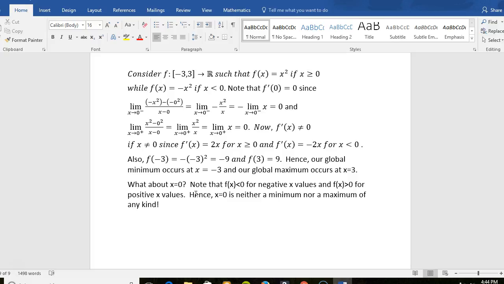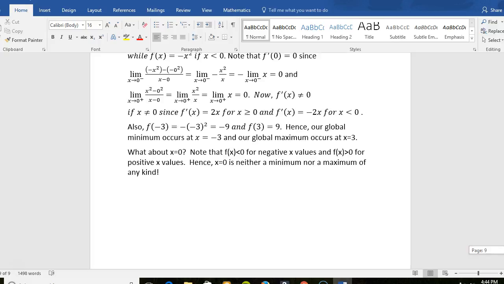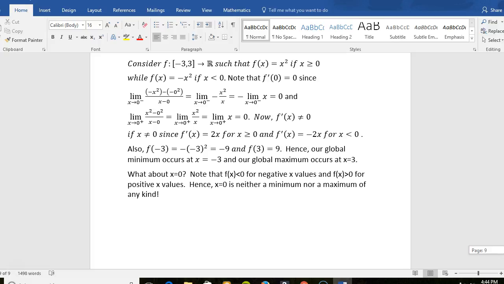Just because f prime of a point is undefined or 0, that doesn't mean that x point is the location of a local min or a local max. You can't go backwards with it. It might be, but it might not be also. You don't know. Okay. The converse is not true in general. You can't bet on it necessarily being always true. There's cases where it is, but there's cases where it's not. Okay.